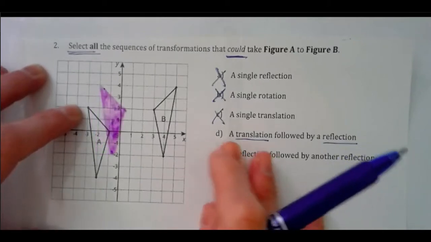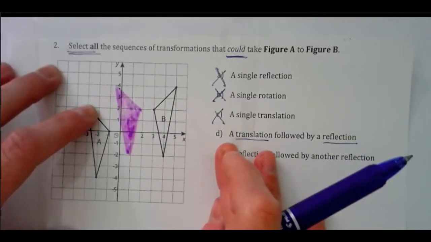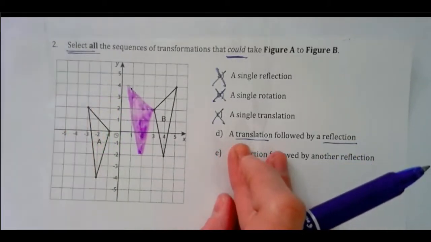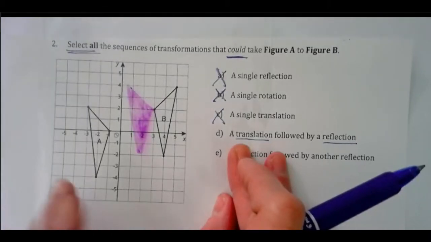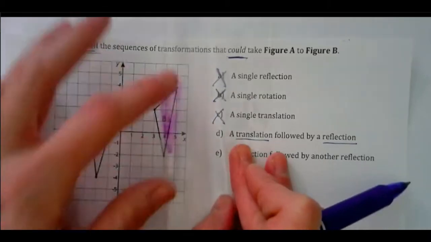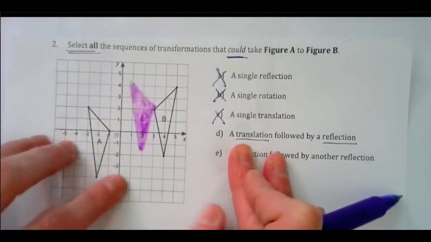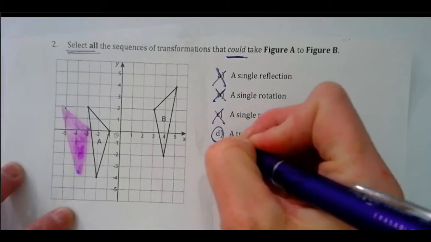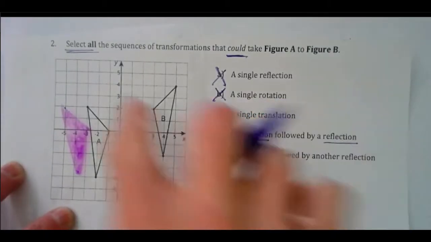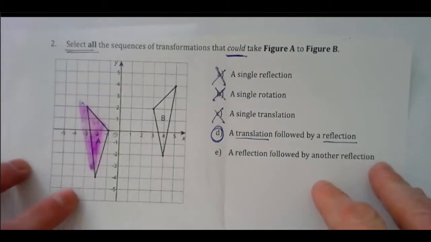Then I could go 2 to the right, 1, 2, 3, 4. Now from here, if I reflect, they match up. So D could work. Remember, we're selecting all that could work.